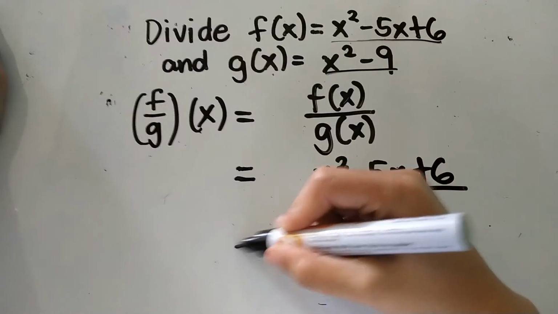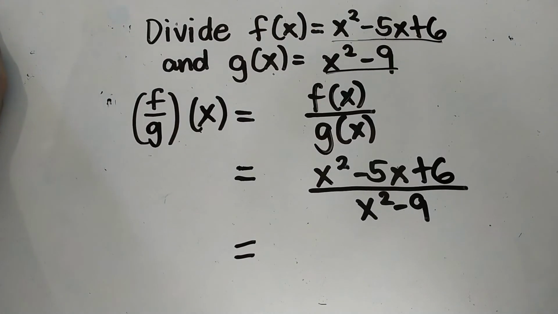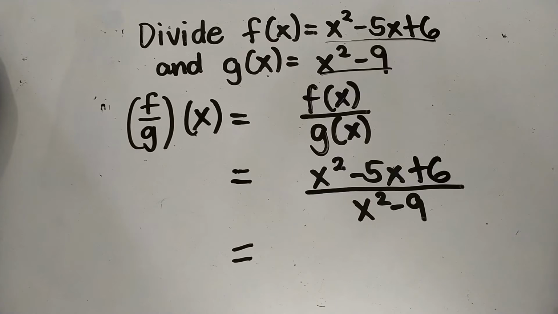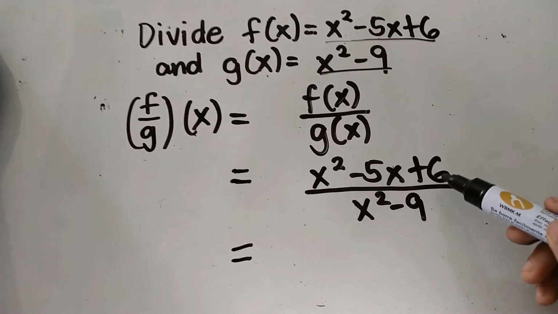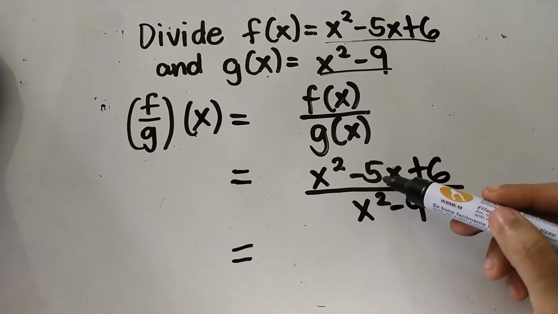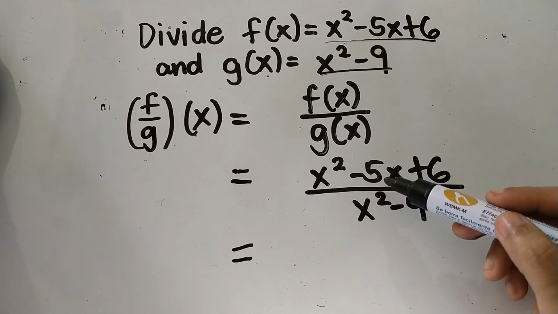Natutunan nyo na ng grade 8, anong ginagawa natin pag nag-divide tayo ng function? Unang ginagawa natin is either yung vertical way na pagsasolve or pwede naman natin gamitin ay factoring. So, mas madaling factoring, so we'll use that. What are the factors of 6 that when we add, the answer will be negative 5?